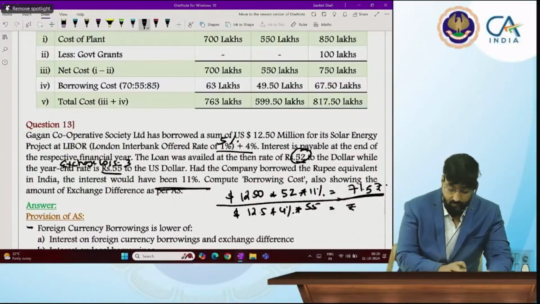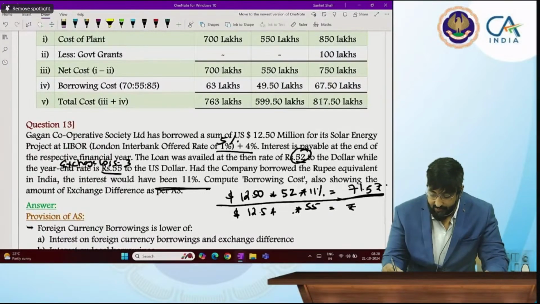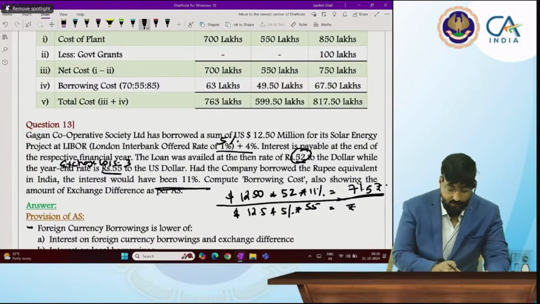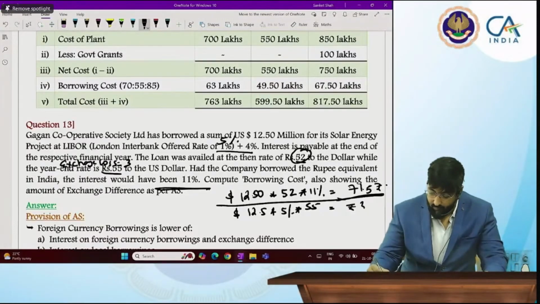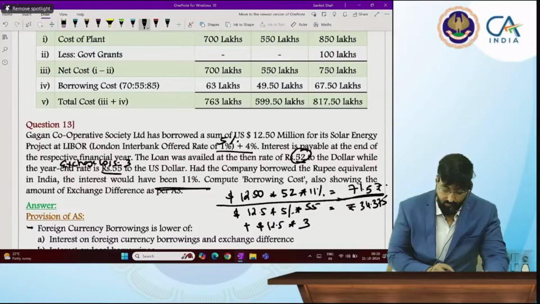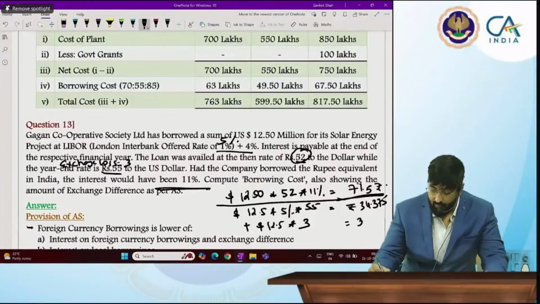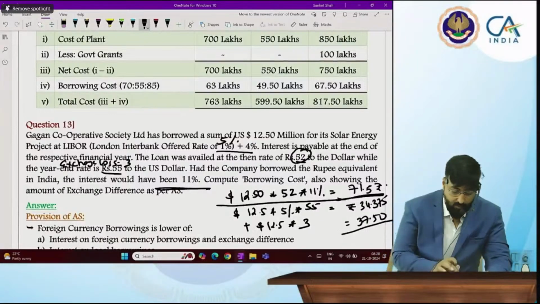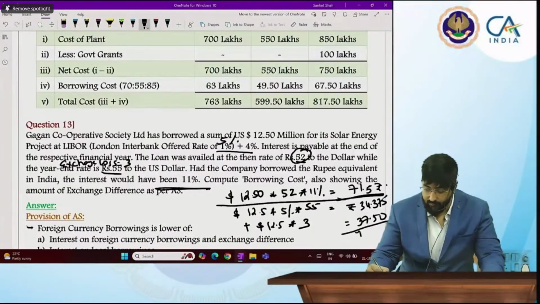Sorry, 5%, my mistake. 34.375. And what is the exchange loss? 3 rupees, no? 37.5.